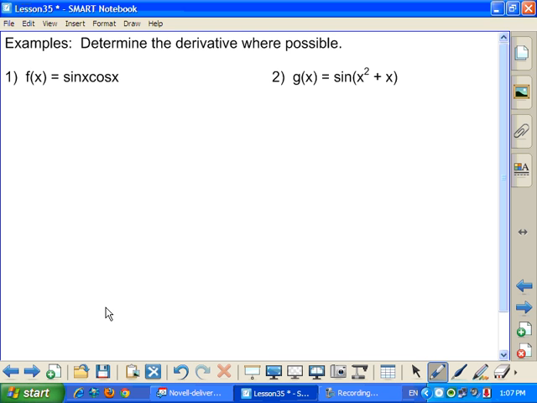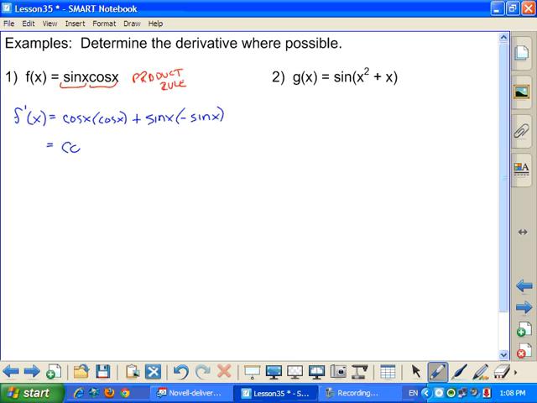So for the first function here, sine x times cos x, we have two functions multiplying each other. So this is product rule. Product rule: derivative of the first function, so the derivative of sine is cos, multiplied by the second function, plus the first function multiplied by the derivative of the second.